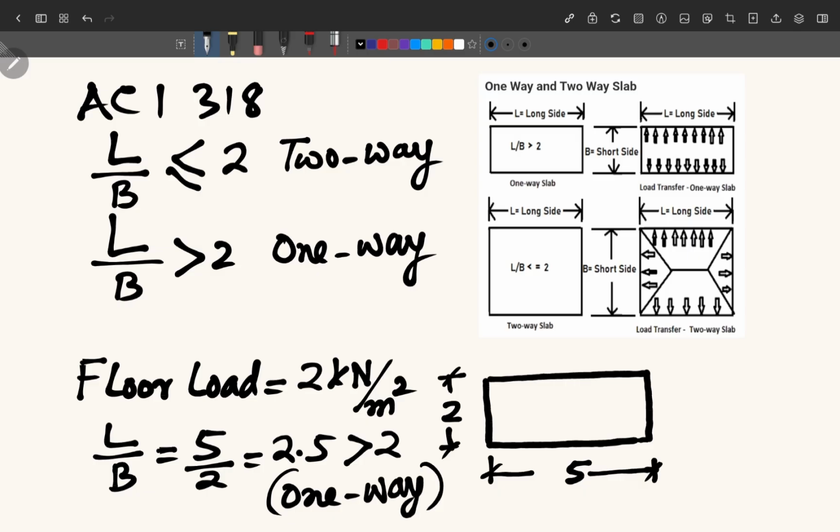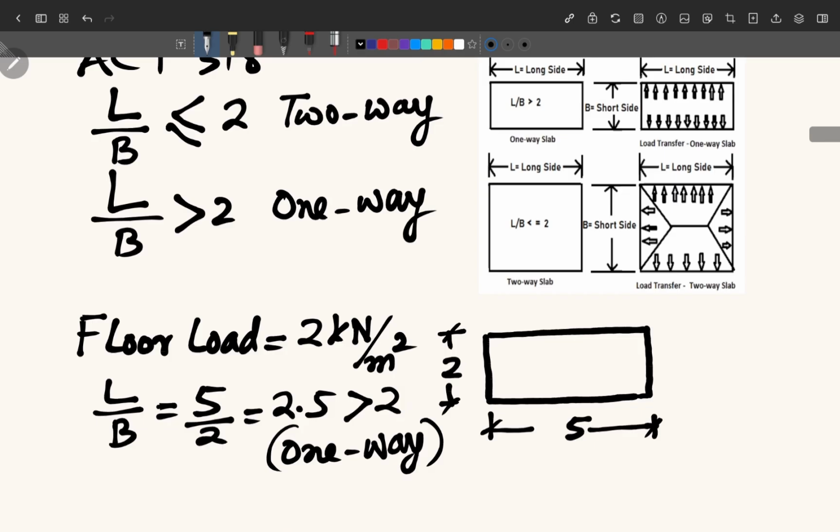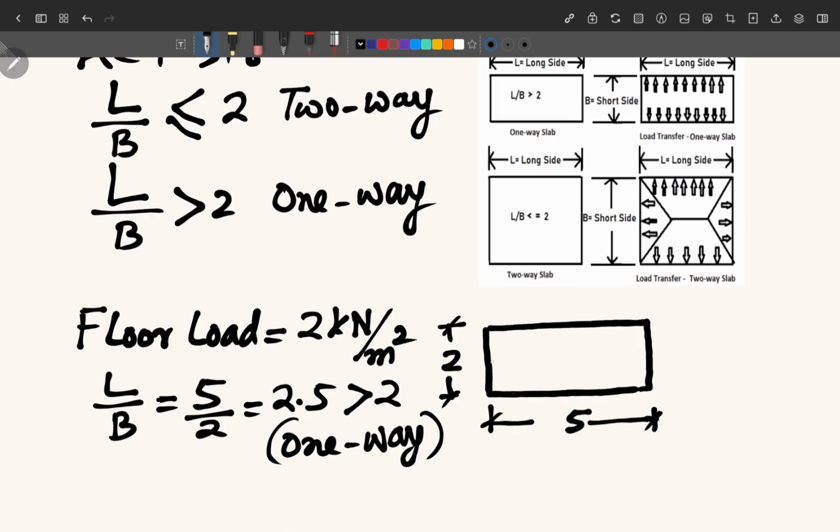Now for one-way slab, it is very simple that you can just divide it in this way. Take the half of the short side and divide this whole rectangle into two parts. Like this, you will get two rectangles.